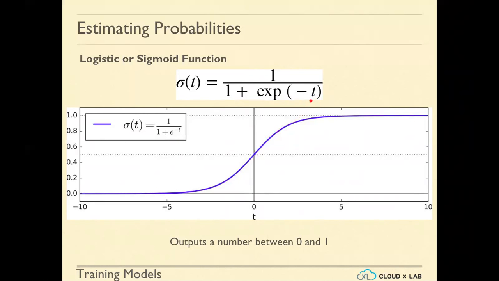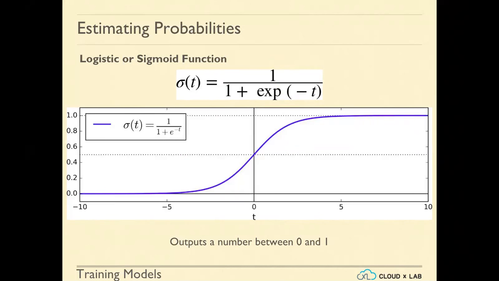Essentially, when t is really small, the value of this sigmoid function is 0. And if t is really big, the value of this sigmoid function is going to be positive, as in +1. So basically, the sigmoid function is capable of converting any number into something between 0 and 1.